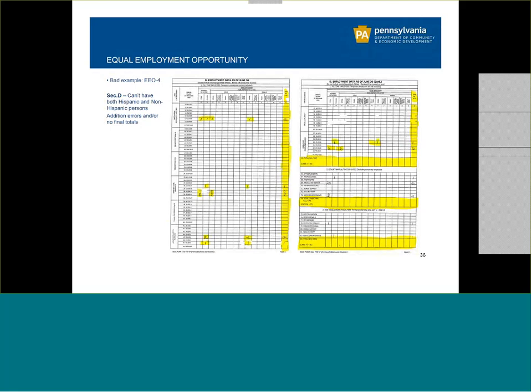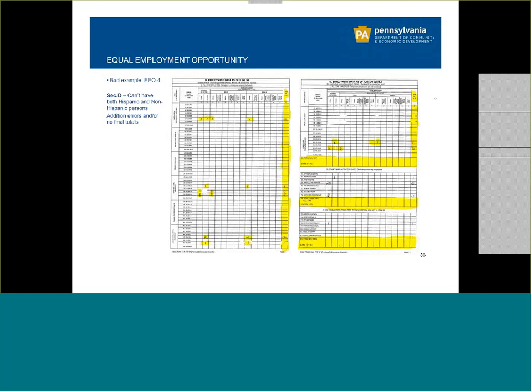But if you actually could see the wording at the top, we have a male and female who is Hispanic and a male and female who is not Hispanic. You can't have both. So the 2 is correct for hire, but you probably should have only had a mark under the white male and the white female and nothing under Hispanic.